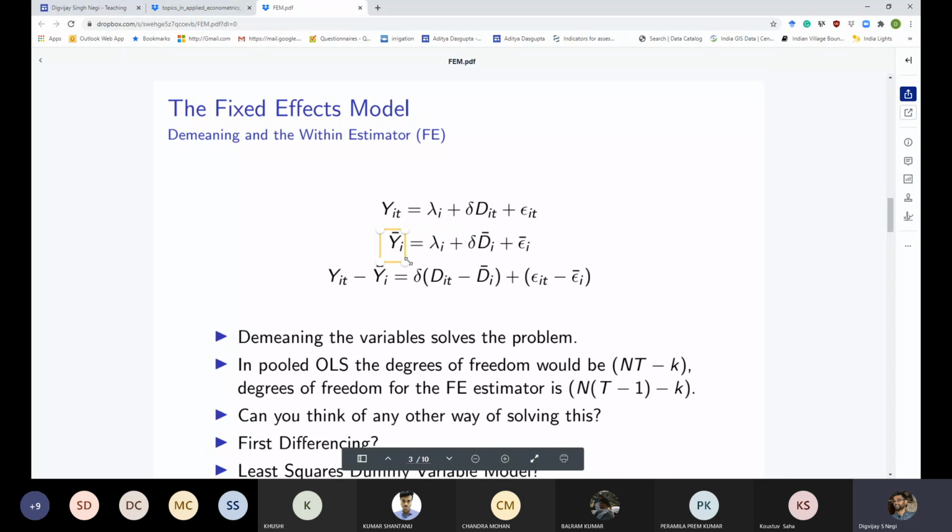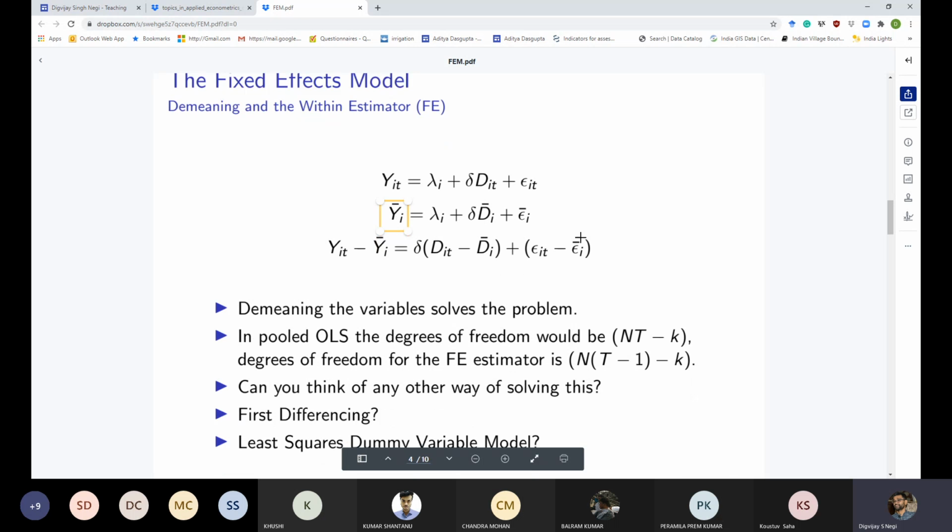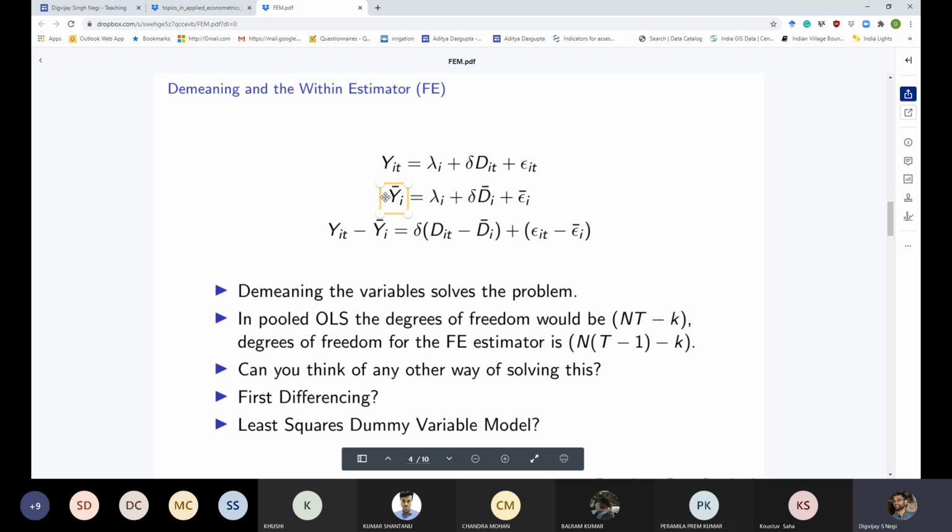So then you have this y i bar, which is the time average of the outcome for individual i, and similarly you can take a time average for this, and you subtract this equation from this equation. Since lambda is the same in both, lambda gets cancelled out, and this is what you are left with.